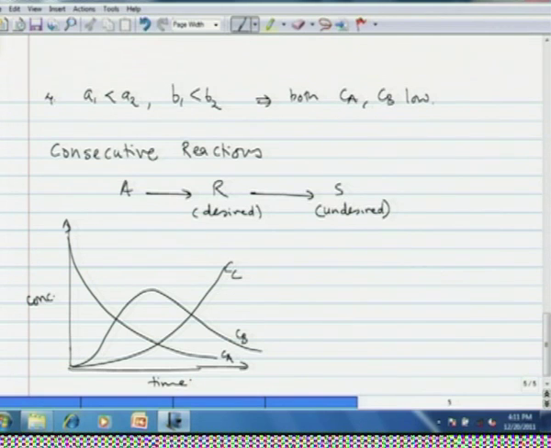As the reaction proceeds, a chemist would like to give you maximum data in this range, the shaded range, where the yield of desired product is maximum.